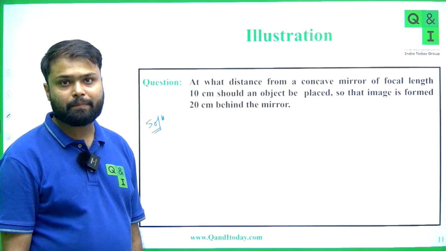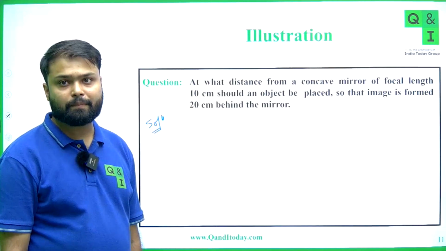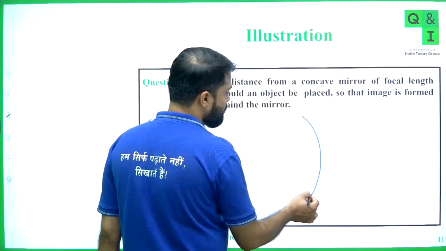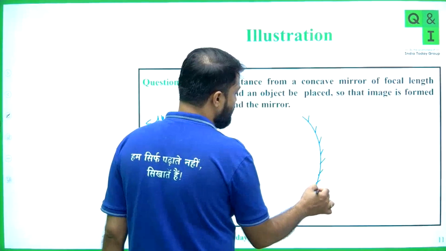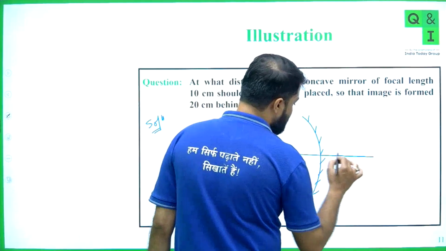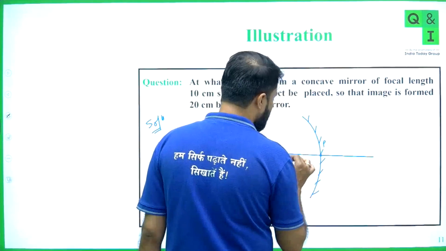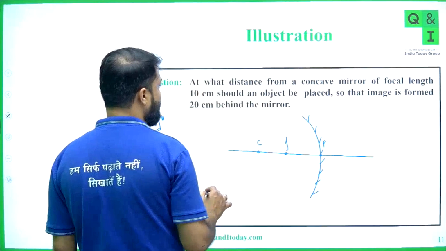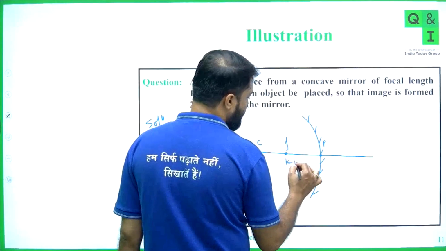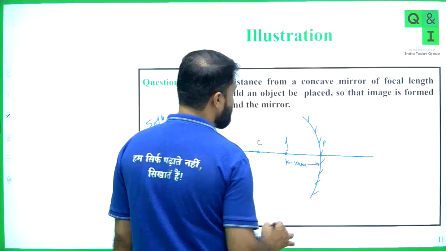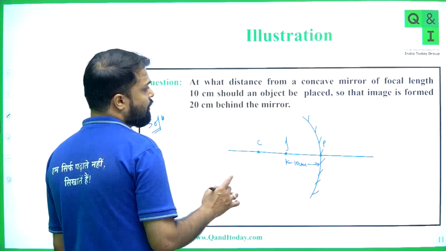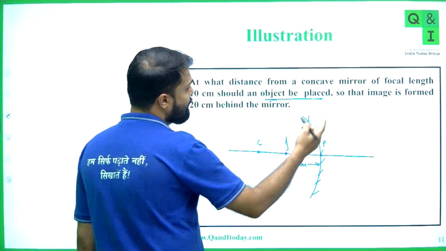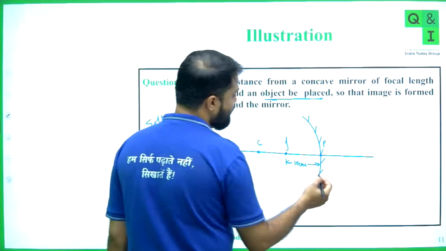Okay. So given we have a concave mirror. Now this is our principal axis, this is our pole, this is focus, and let's say this is center of curvature. Given focal length is 10 centimeter. We have to find where we should place the object so that the image is formed 20 centimeter behind the mirror.